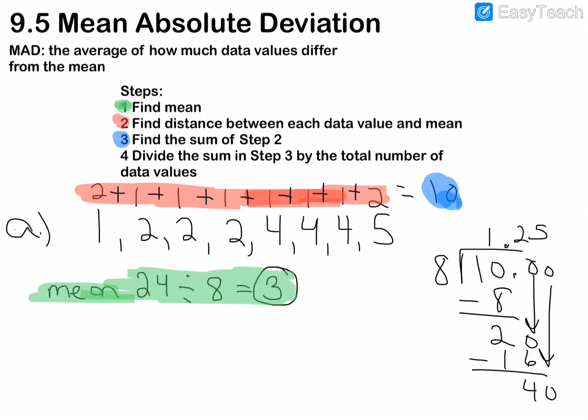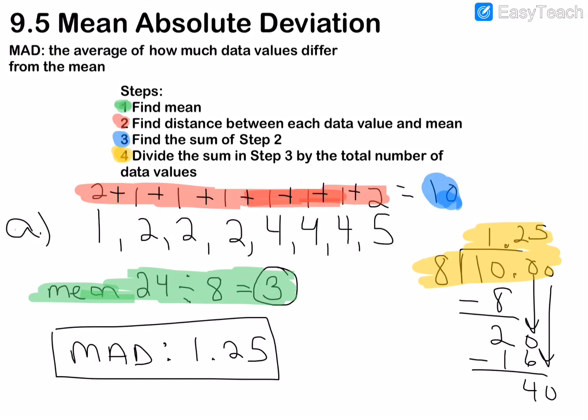All right. So hold on, let me highlight that this is step 4. So my mean absolute deviation, or MAD, is 1.25.